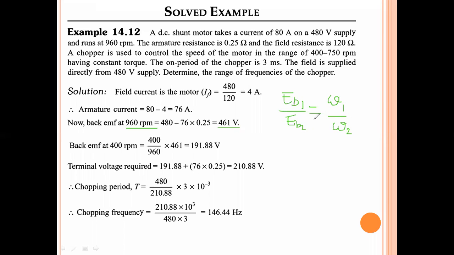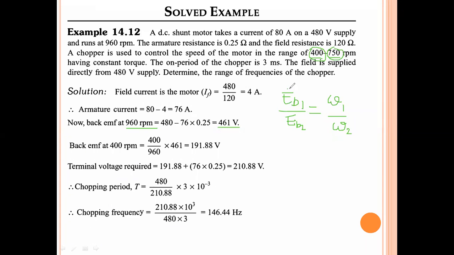So we need to calculate for the speed range from 400 to 750 RPM. I will consider speed 2 as 400 RPM and speed 3 as 750 RPM. Between 2 and 3 only, the machine is going to be controlled.